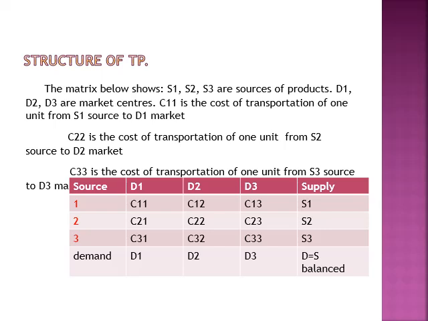Okay. Now let's follow. The upper D1, D2, D3 represent market centers. The lower D1, D2, D3 represent the quantity demanded by market centers. Now check the cell C11.